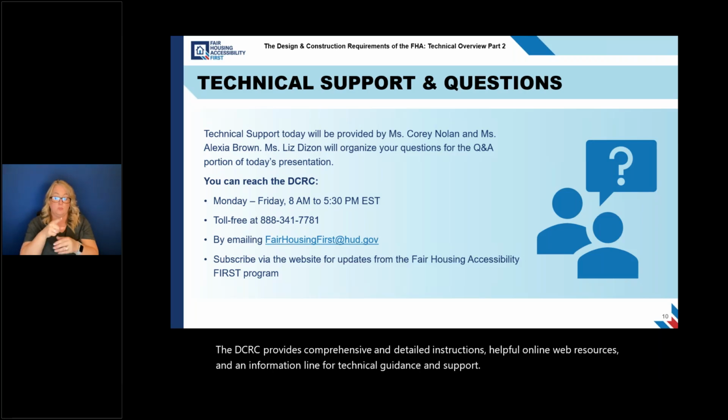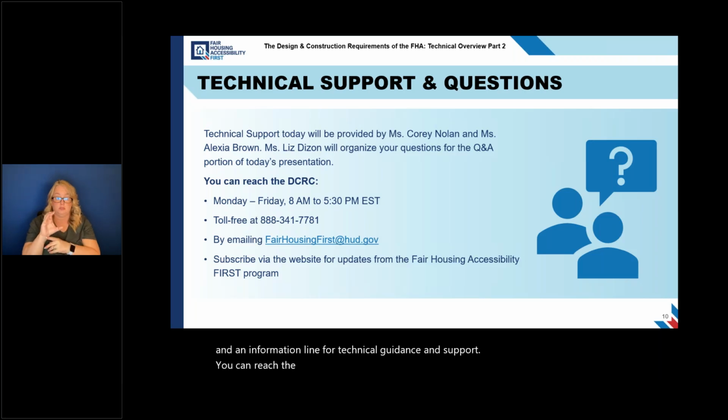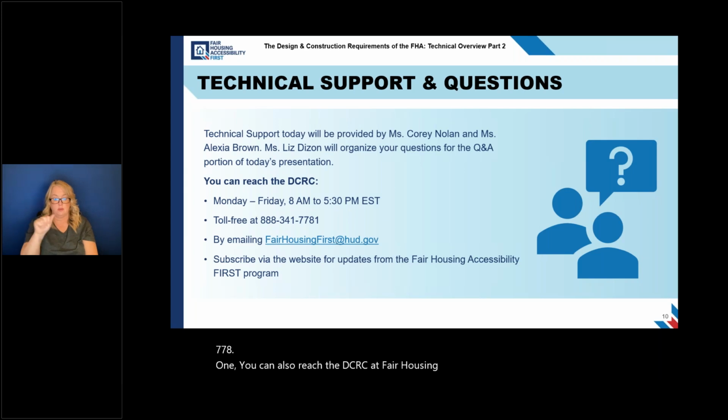You can reach the DCRC toll-free at 888-341-7781. You can also reach the DCRC at fairhousingfirst@hud.gov.